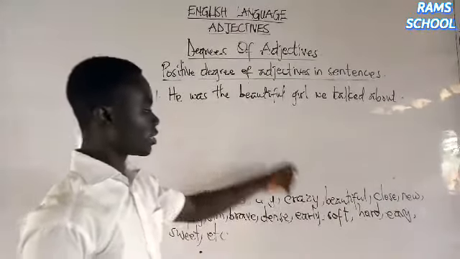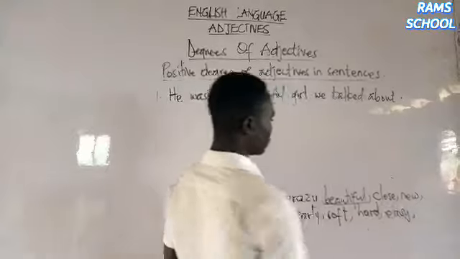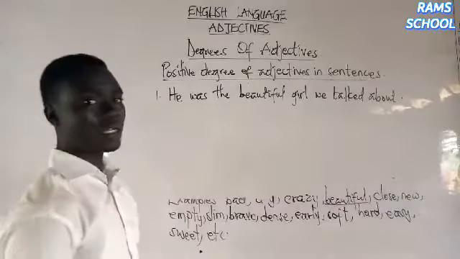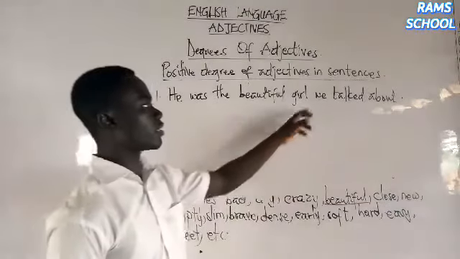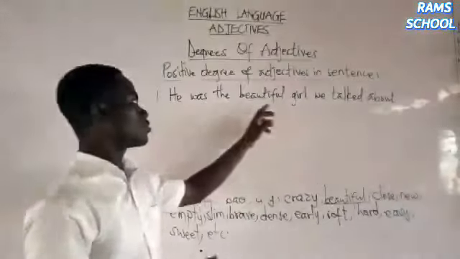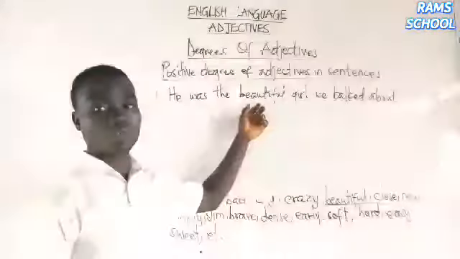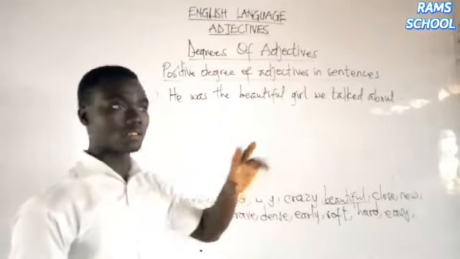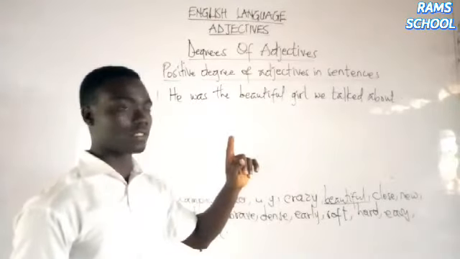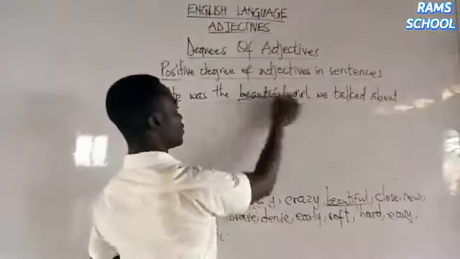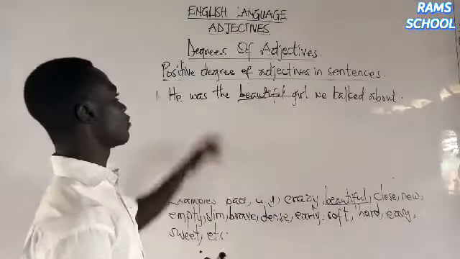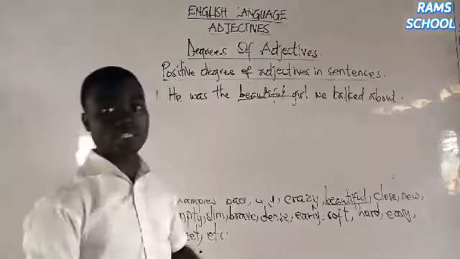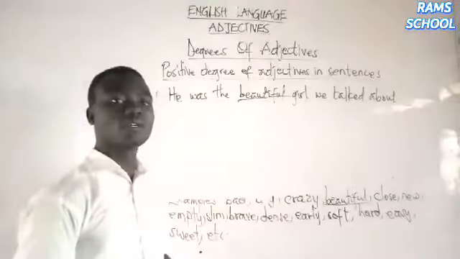Beautiful. How many girls are we talking about here? We are talking about just one girl. So you use the adjective beautiful. It's different when you are talking about two or more girls. So the beautiful here is an adjective, but it is a positive degree of an adjective. It talks about one thing.